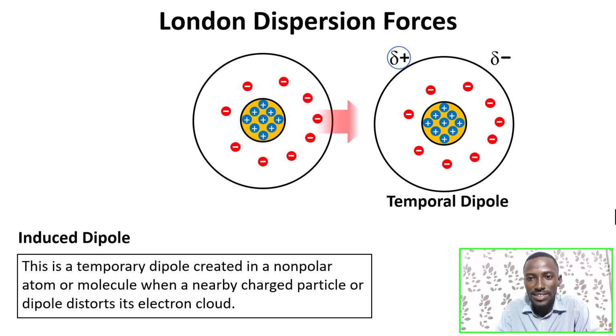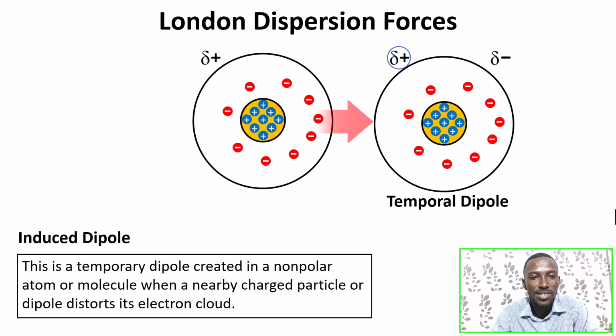The positively charged end of the temporary dipole will attract the electrons towards itself, because positive is attracted to negative. Electrons are negative, so the partially positive side of the temporary dipole draws the electrons in the nonpolar atom towards one side. As a result, the once nonpolar atom becomes polar, meaning it becomes a dipole.